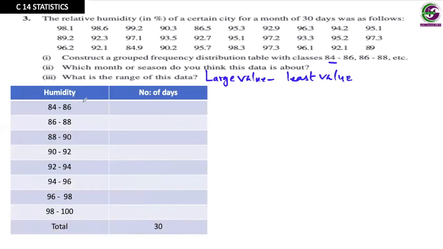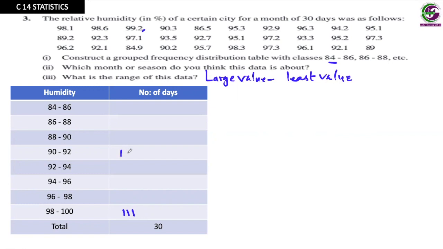Let us organize them in the table first, 84 to 86, and the highest value is 99.2, so 100 is the maximum. So 98.1 will be here. 98.6, 99.2, 90.3 will be here.